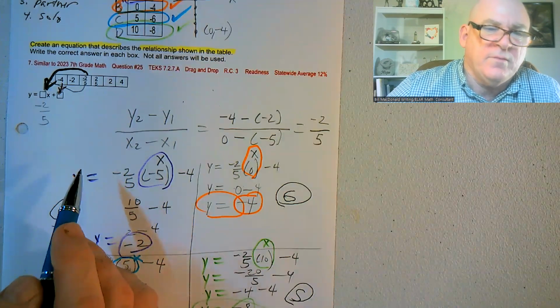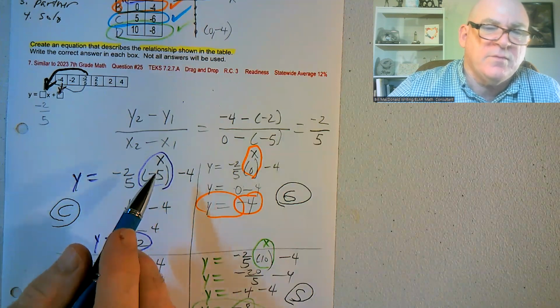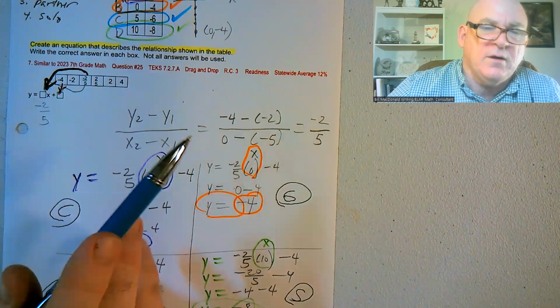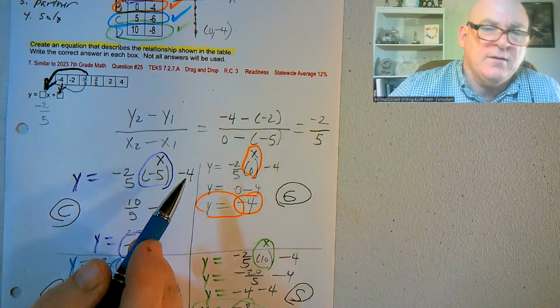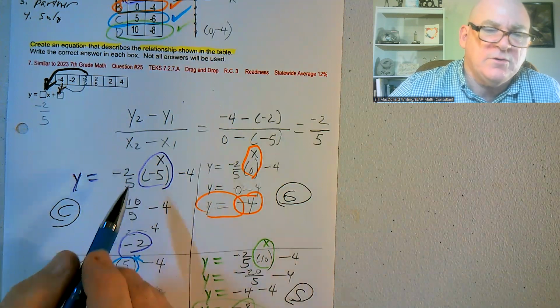It's y equals -2/5 times the x minus the 4, which is the y-intercept. So let's see how that turns out.